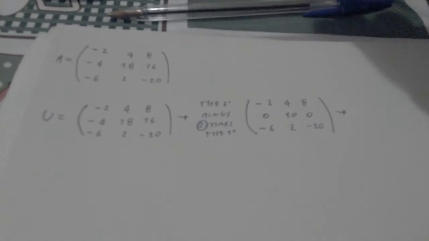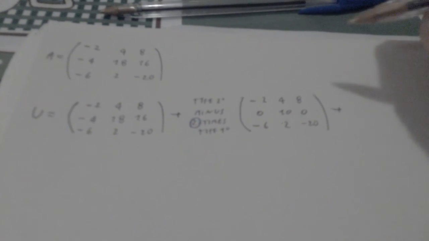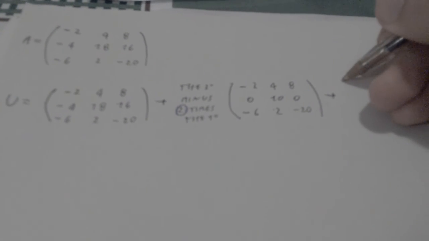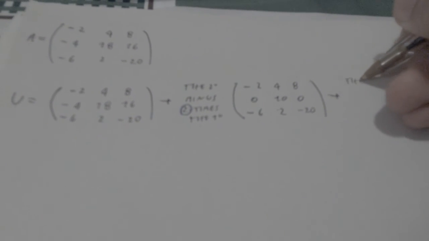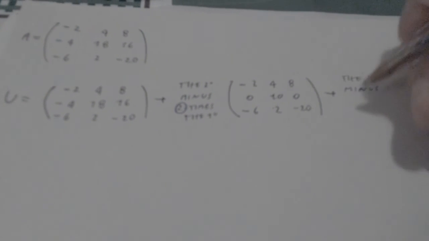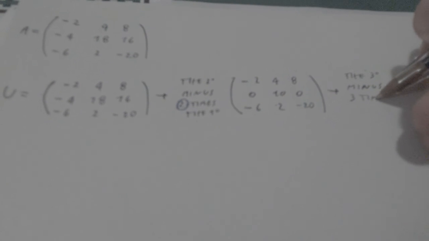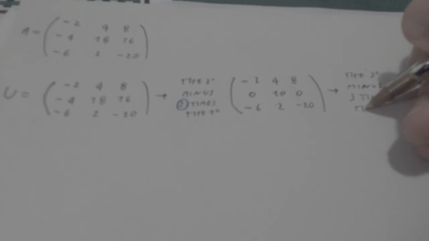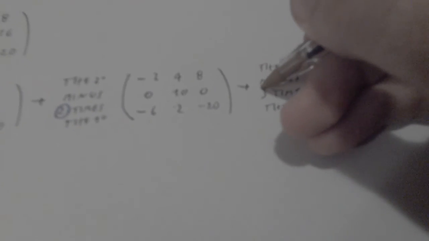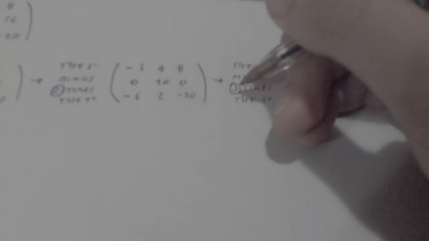All right, so let's keep going with the reduction. I'm going to do the third one minus 3 times the first one. And again, I'm going to keep track of this 3 here because it's important. It's going to be our multiplicator.